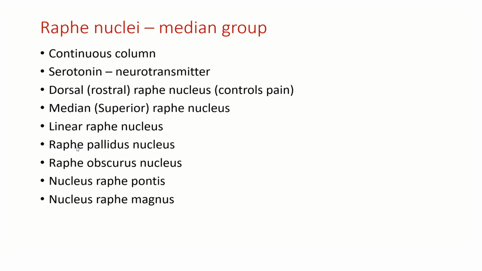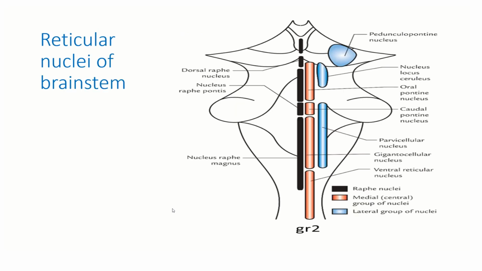Linear raphe nucleus, raphe pallidus nucleus, raphe obscurus nucleus, nucleus raphe pontis, and nucleus raphe magnus. You can see this is the median column: dorsal raphe nucleus, nucleus raphe pontis, and nucleus raphe magnus.